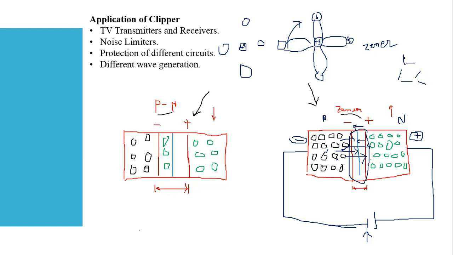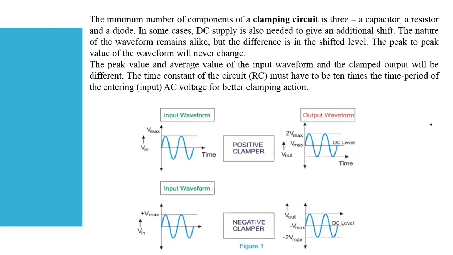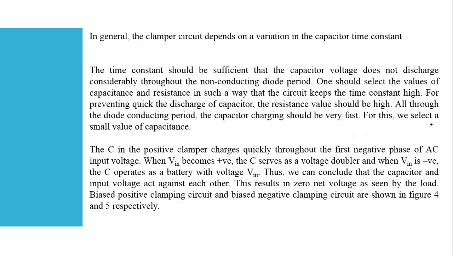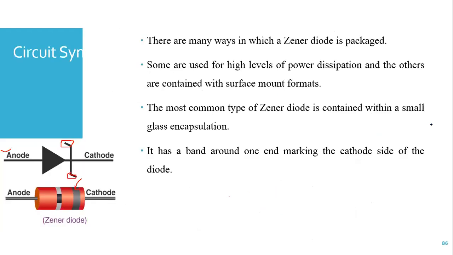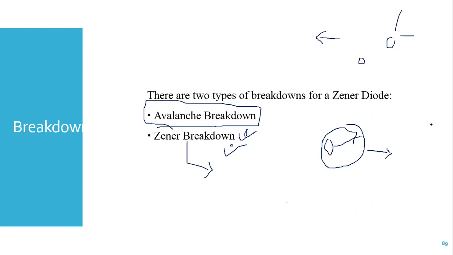One electron can liberate two more, similarly another one can liberate two more. So the avalanche effect now starts, and this is due to collision. In this case heat is developed in your PN junction and the junction is going to be damaged. This is known as avalanche breakdown. It happens at high voltage, so in that condition your Zener diode is going to be damaged.